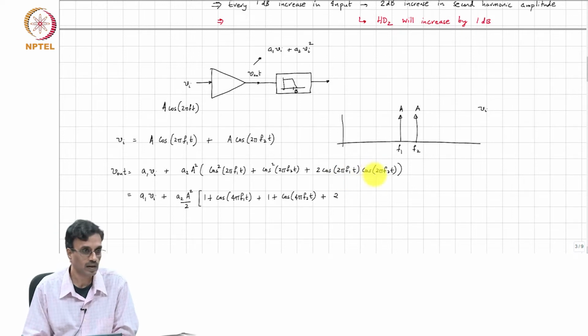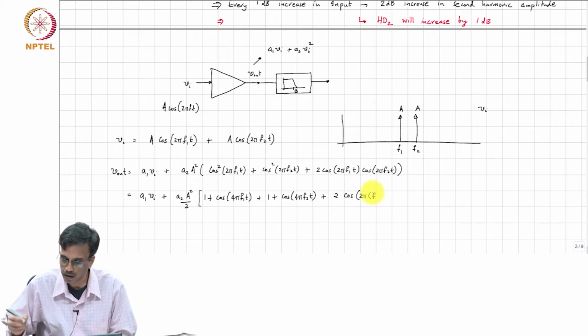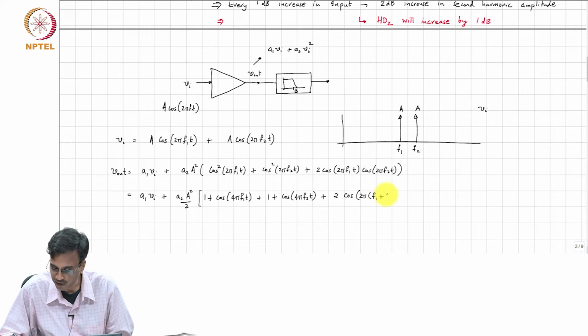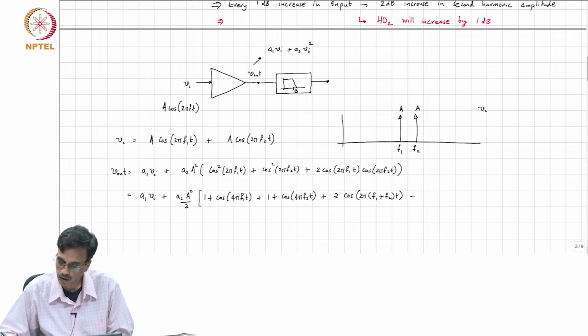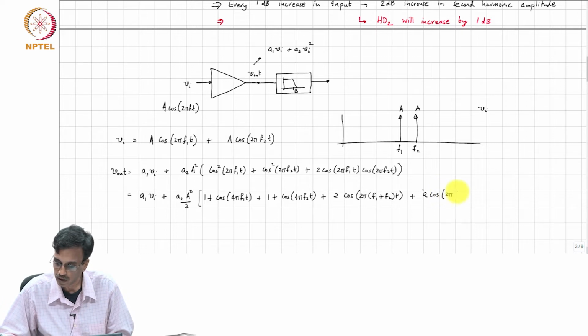cos A cos B is nothing but cos of A plus B, that is 2 pi f1 plus f2 into t, plus cos of A minus B, plus 2 cos of 2 pi f1 minus f2 into t.